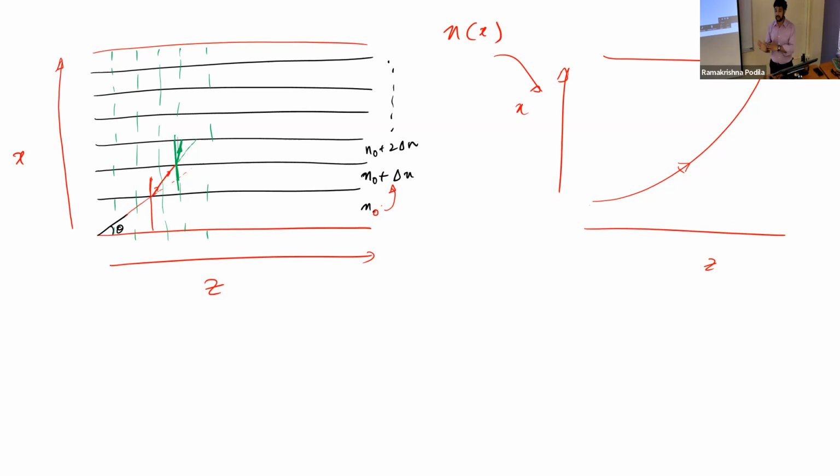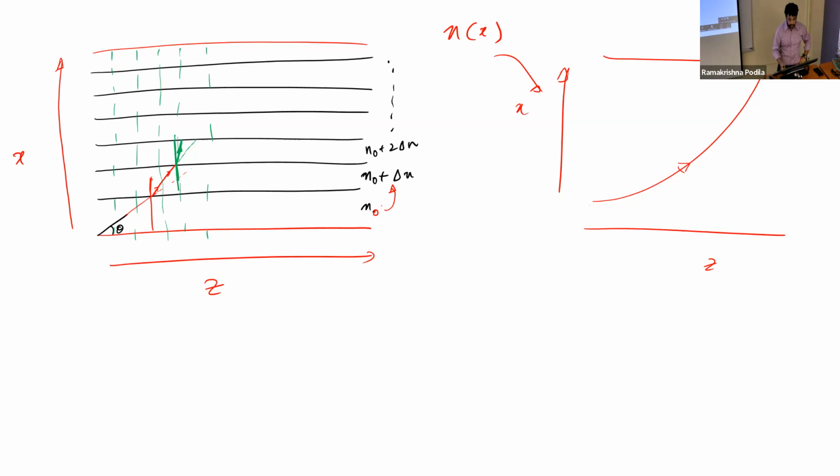It's continuously varying, so it will look like a smooth curve. Based on how we change the refractive index, we can bend it up or down in different ways.